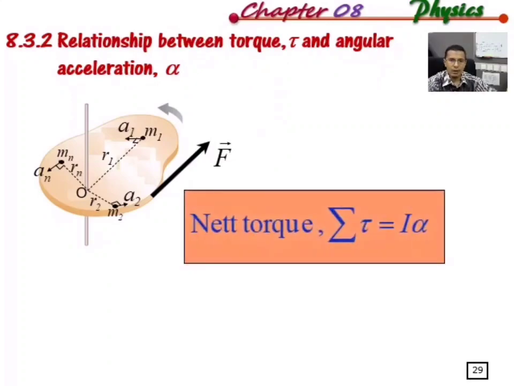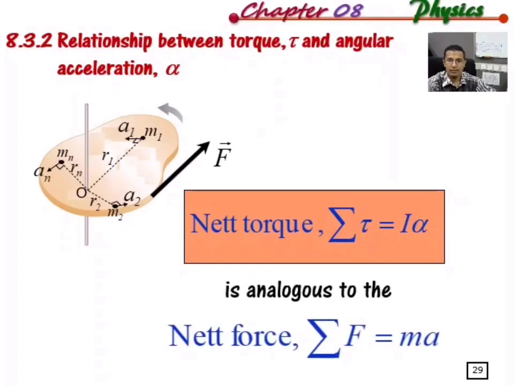The net torque about rotation axis O will be given by I alpha. Because the body undergoes rotational motion, this is analogous to linear motion, net force, sum F equals m a, where sum F is the net force, m is mass and a is linear acceleration, like in the chapter about force in the problems of Newton's second law of motion.